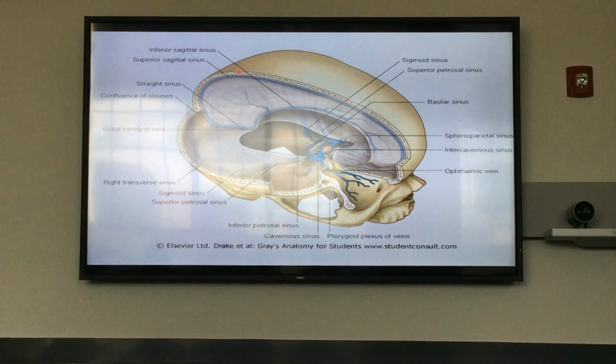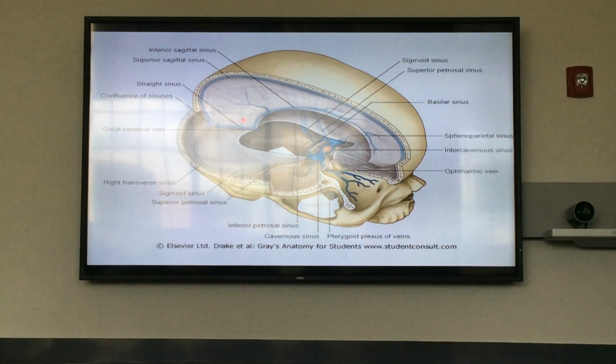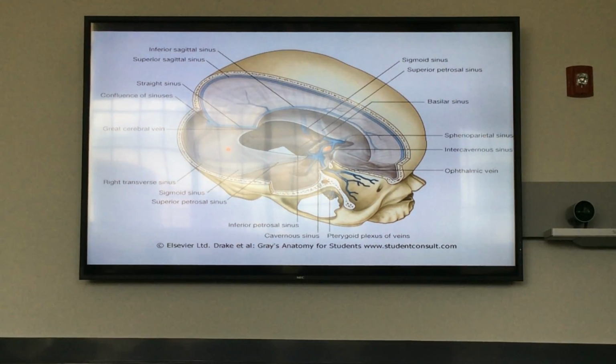It will meet with the superior sagittal sinus down here at what we call the confluence of sinuses. They will drain back via a transverse sinus, and eventually they will make a curved shape, and they will name it a sigmoid sinus. And that sigmoid sinus will eventually become the internal jugular vein, and it'll depart through the skull through the jugular foramen.